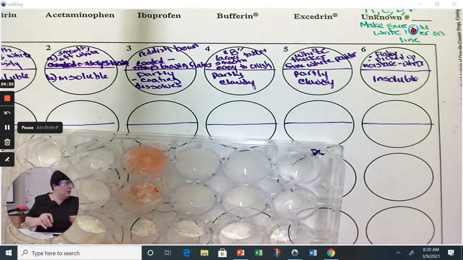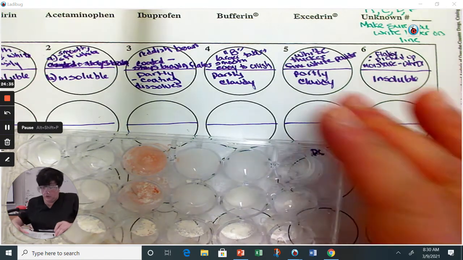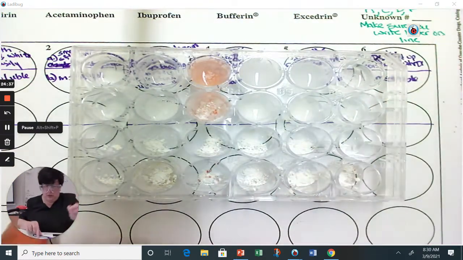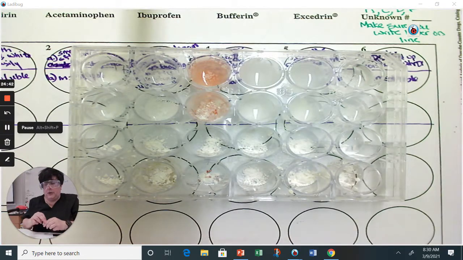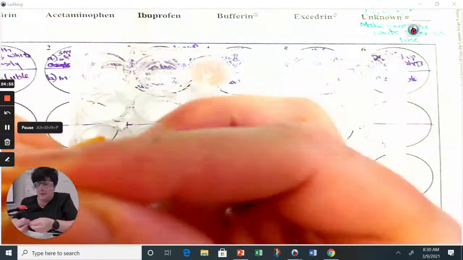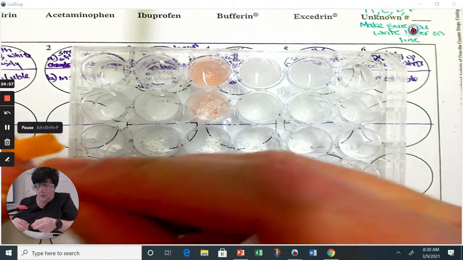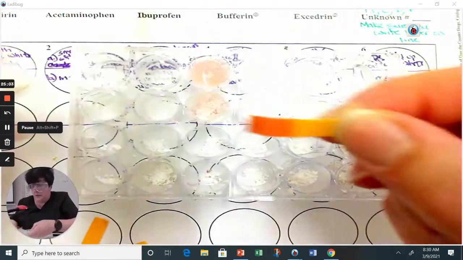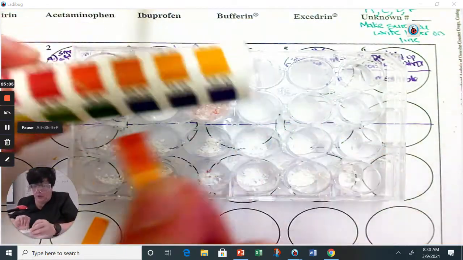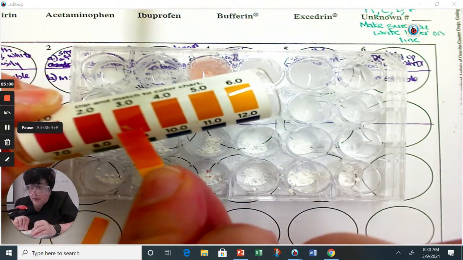Okay, so I'm going to do pH paper stick first, and then I will do indicator. Because the indicator can sometimes change what happens with your pH paper. Now guys, I don't need a lot of pH paper, so I'm going to take my pH paper and rip it in half to save on supplies. And I'm just going to dip it in and pull it out. Okay, so if I dip it in and pull it out, that looks pretty pink. pH of 3.